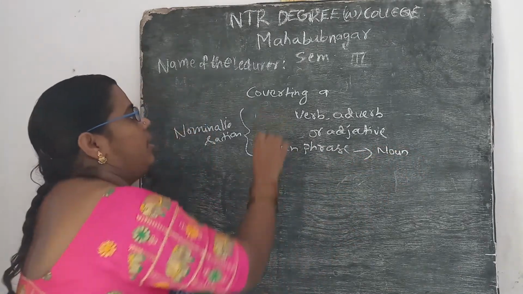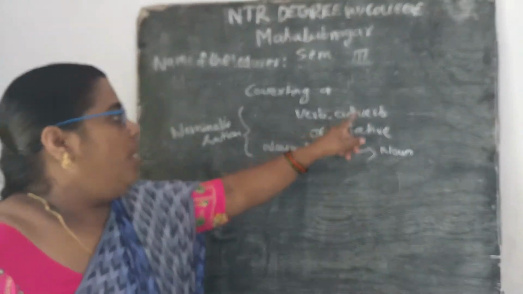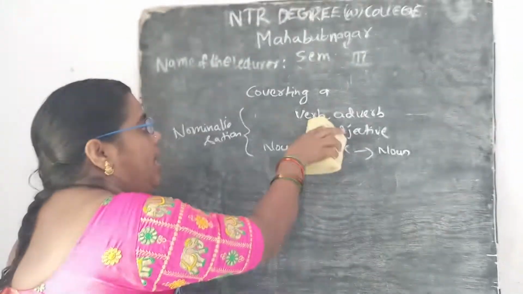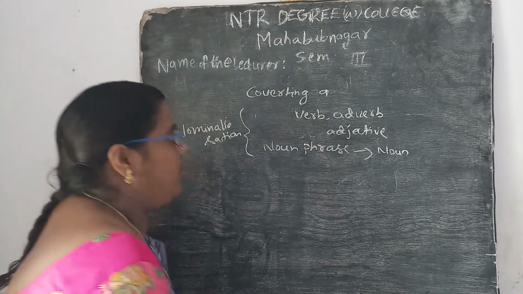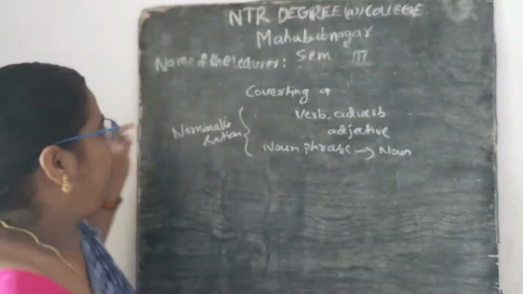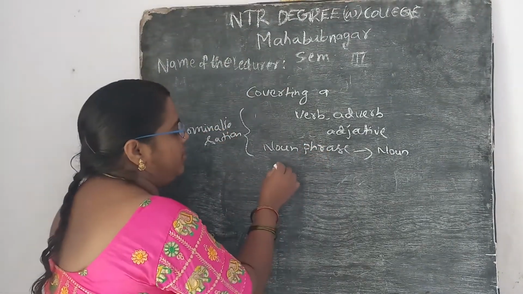So these are the three things: converting verb, adverb, adjective into a noun or noun phrase is called nominalization.